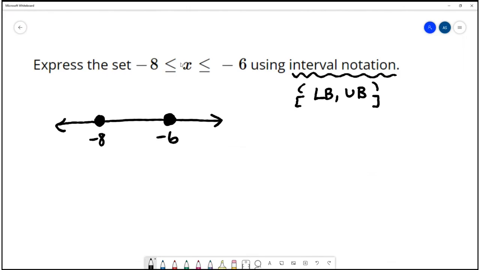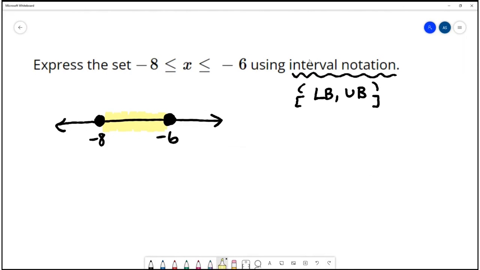So we can read this inequality as x is in between these two numbers. So I'm going to shade the portion of the number line between those two numbers. So this is a picture of our solution set, all of the numbers between -8 and -6, including -8 and -6.